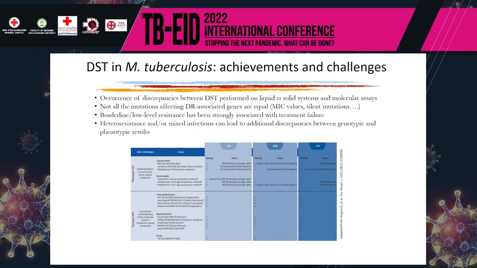Currently, we are in a situation in which there are no recommended rapid methods for the newer and repurposed drugs, as the most promising NGS technologies are not yet widely available in resource-limited settings. So we are stuck with testing by phenotypic methods for bedaquiline, linezolid, and delamanid. We don't have tests for Pretomanid, but we will get there later, while we do have good methods for fluoroquinolones, both rapid and phenotypic.